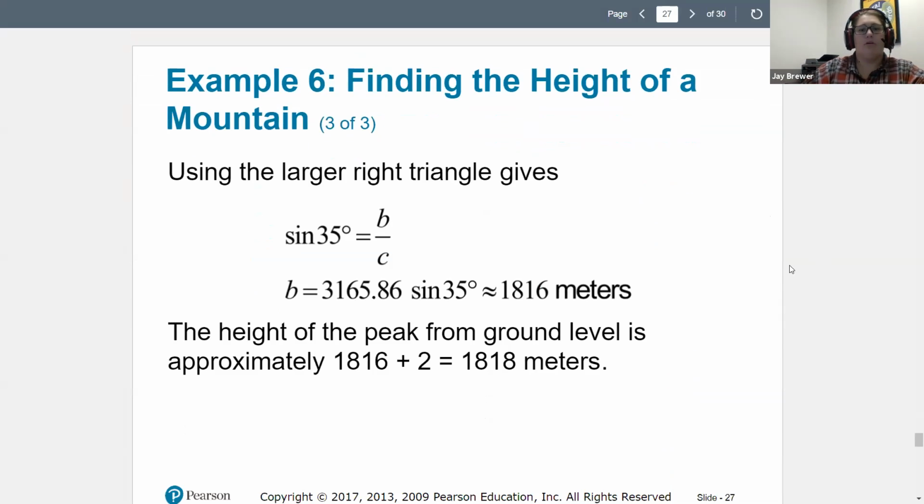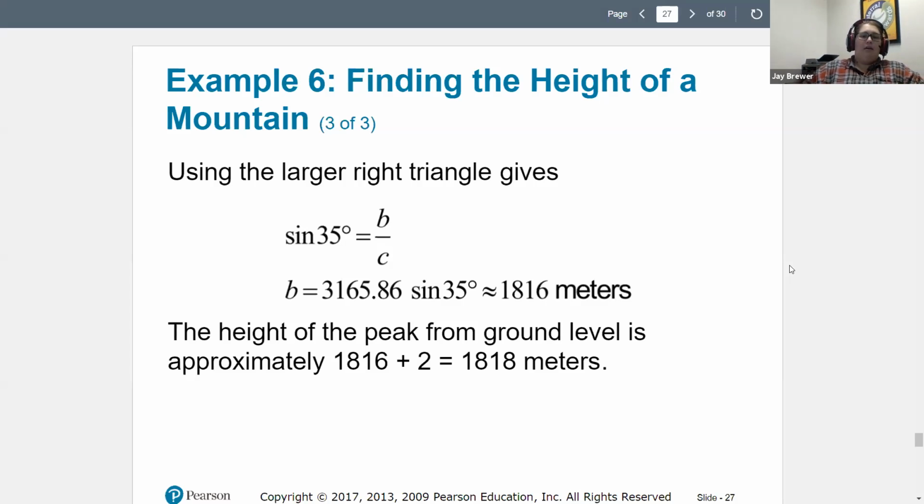So if we use the larger right triangle, we're going to end up with sine of 35 degrees. So finding B, B equals approximately 1,816 meters.